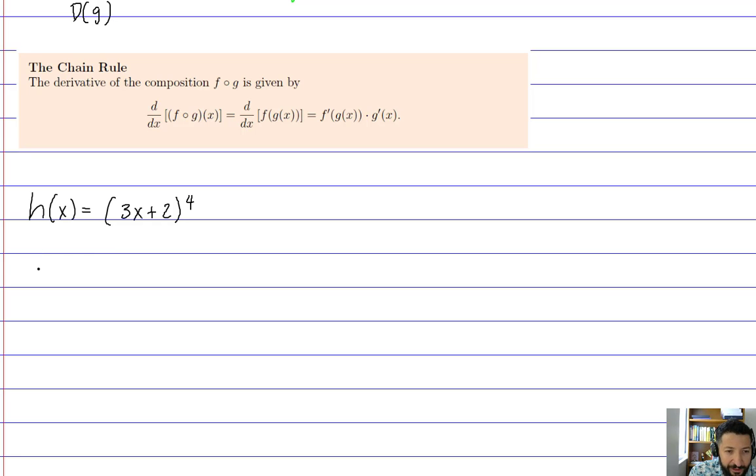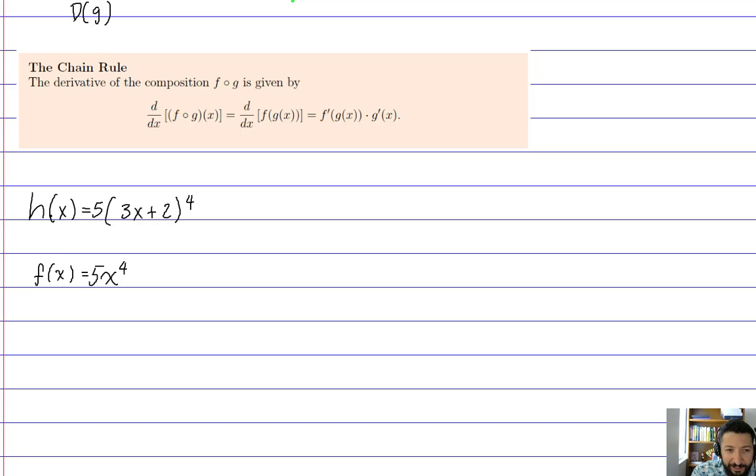So what we can do is identify what the outside function will be. The outside function will be x to the 4th. We're just grabbing a variable, which is x in this case, and raising it to the power of 4. So that gives us our function. And just for the sake of illustrating better what's happening, let's put a 5 in here. Then the function would be 5x to the 4th.